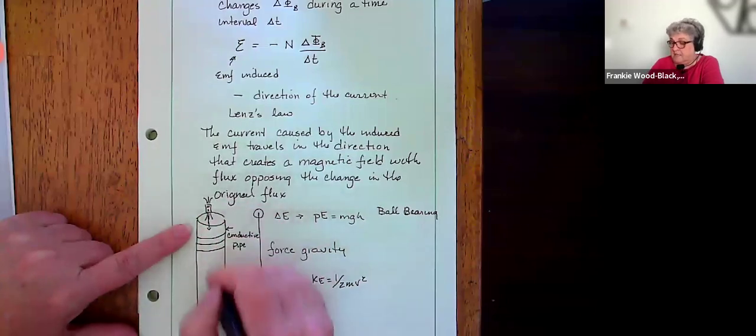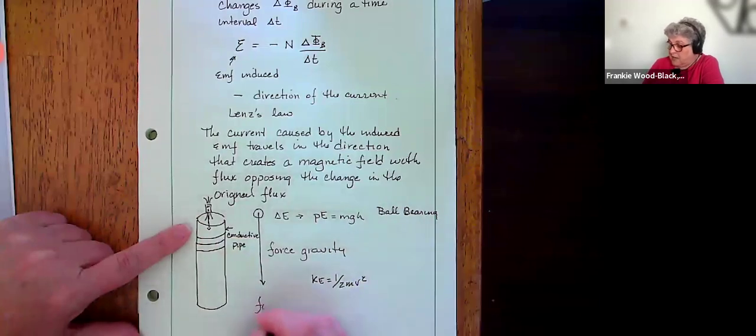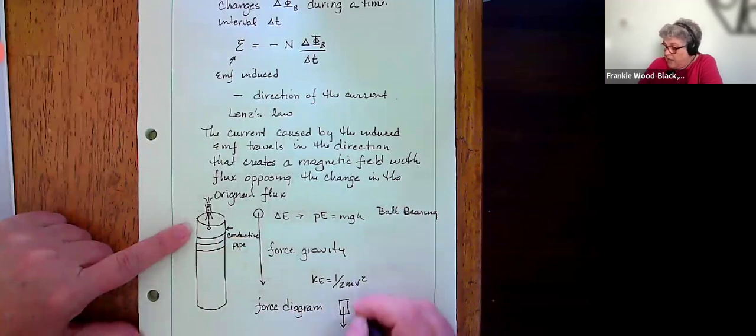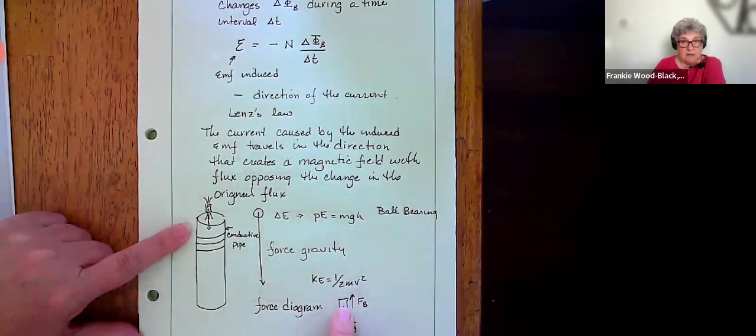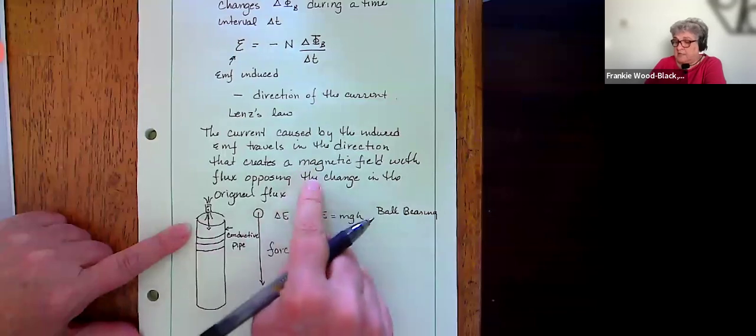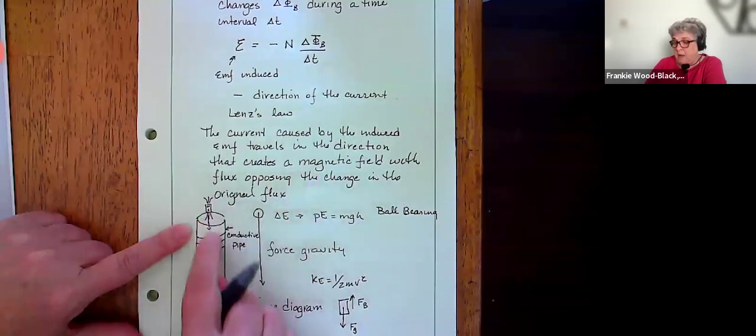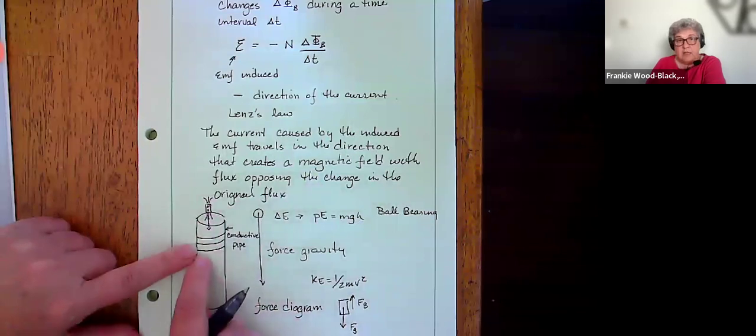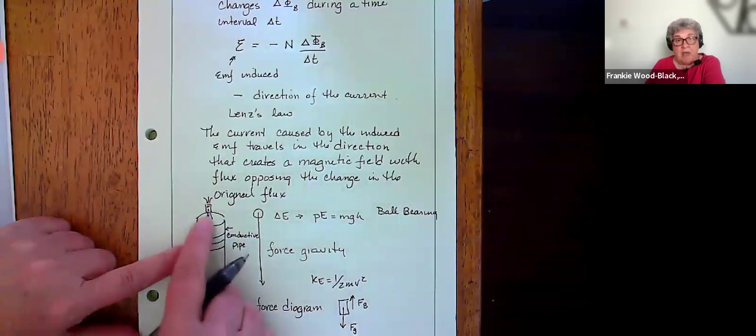what's going to happen is as this goes, and I look at my force diagram, I have a force on my object that's due to gravity. This is my force due to gravity, but I'm going to have a magnetic force that's opposing it, because what's happening according to Lenz's law is as I drop this through, the direction of the current is going to try to repel this particular magnet.